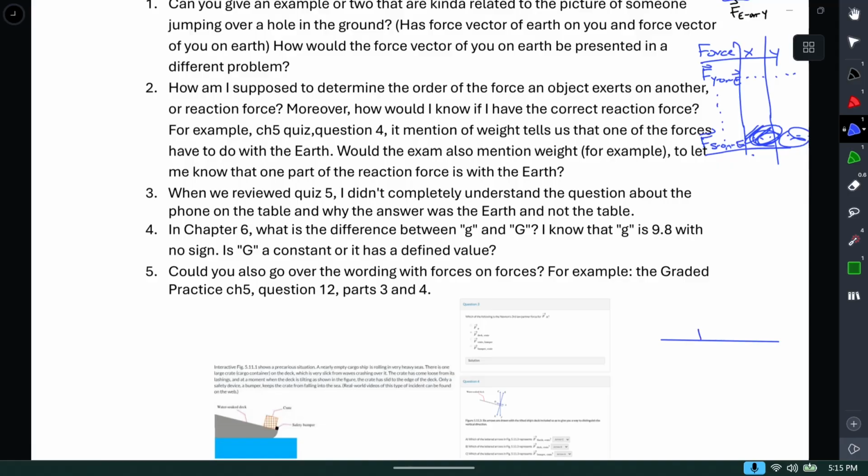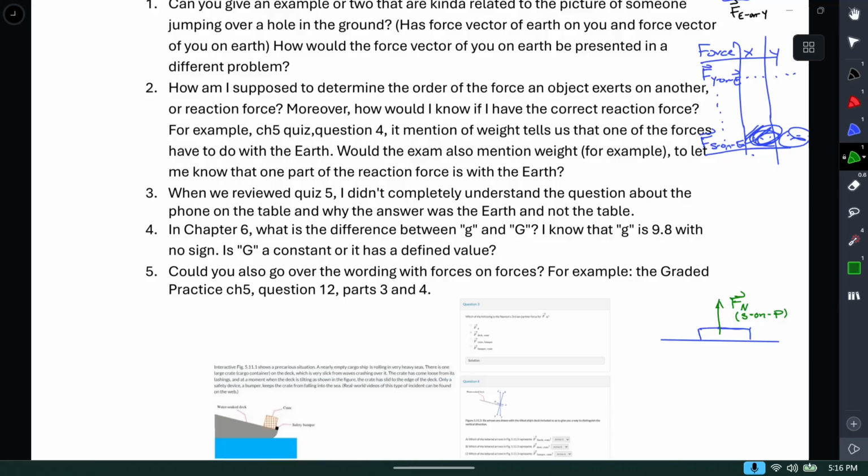What I mean by that is pick any force you're familiar with. The normal force on something. All right? What really is the normal force? It's the force that the surface provides on this, I guess we'll do the phone, since that was brought up a little bit later. So this is a phone sitting on a desk, maybe. The normal force is the force the surface exerts on the phone.